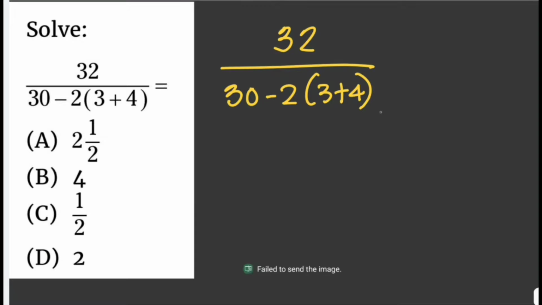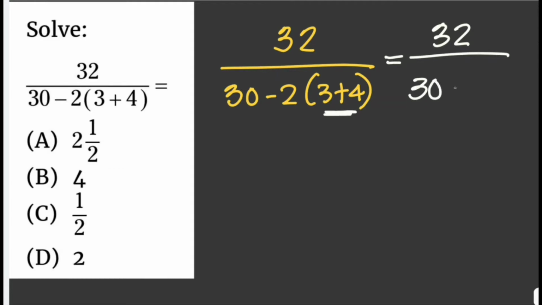The denominator is the bottom expression, which is 30 minus 2 times (3 plus 4). Applying PEMDAS, we solve whatever expression or number is inside the parentheses first. So this would become 32 over 30 minus 2 times 7.